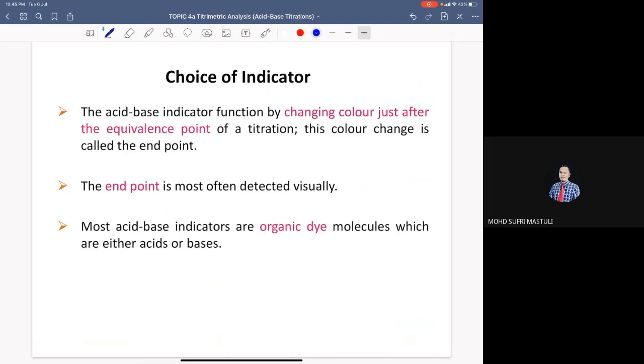This color change we call the end point. Again, the acid-base indicator functions by changing the color just after the equivalence point of the titration. This color change is called the end point. The end point is most often detected visually because we can see the color changes. Most of the acid-base indicators are organic dye molecules. It can be an acid or it can be a base.